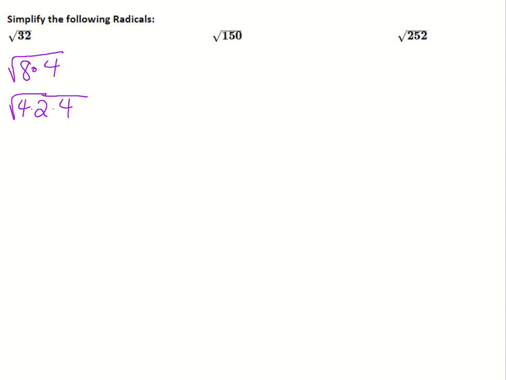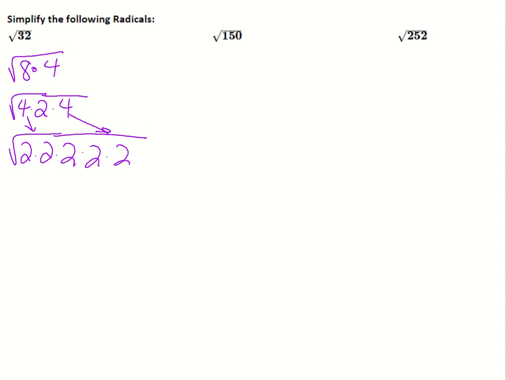I can continue, but if you notice, I start seeing some pairs. And so I can break it up like this. I can go 2 times 2 times 2 times 2 times 2. And so I broke up the 4 to this set of 2's, and I broke up the 4 into those set of 2's. So we're doing this because we want to simplify this radical.